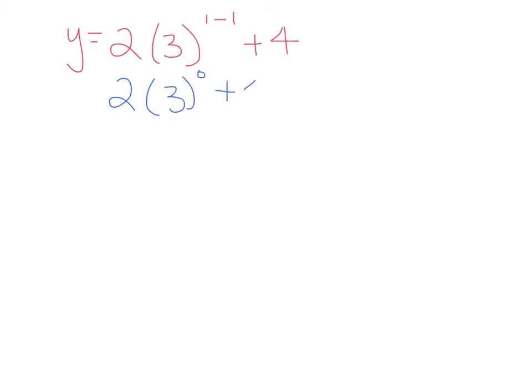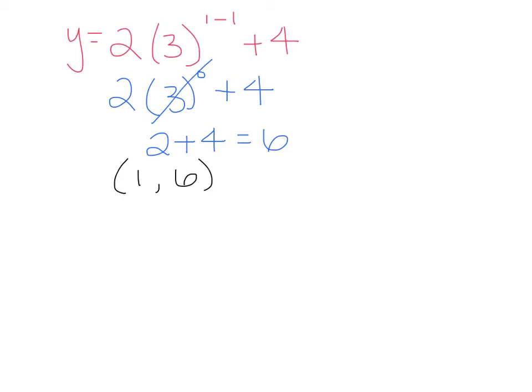Now we are going to plug in our second x value, which was 1. 1 minus 1 is going to give me 0. 3 to the 0 power is 1. And you're left with 2 plus 4, which gives you 6. So the second point you're going to graph is 1, 6.